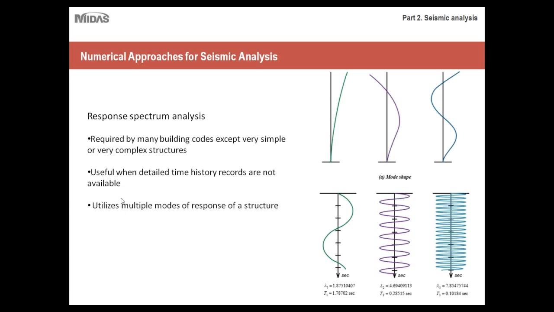Also, keep in mind, response spectrum analysis utilizes multiple modes of response of a structure. For those of you who are new to this concept, you're probably wondering what this picture means. Essentially, with response spectrum analysis you're saying that the structure will have several different mode shapes depending on the level of the earthquake or the level of seismic loading and the point at which it's at.